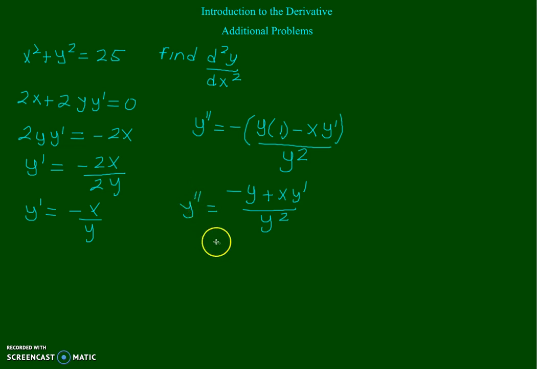y double prime. Now at this point we have a bit of a sticky wicket here. We have a y prime term in here, but not to worry, we have y prime in terms of x and y. So we're going to substitute this expression in for y prime over here. So we have y double prime equals negative y plus x times this expression, negative x over y, all over y squared.